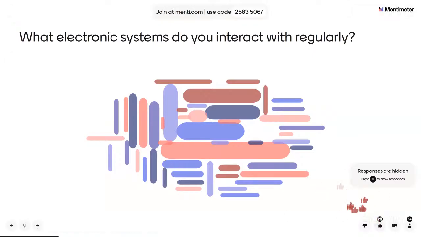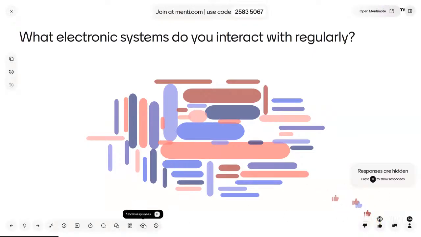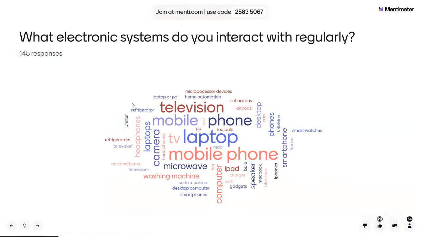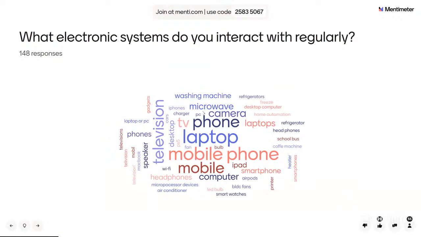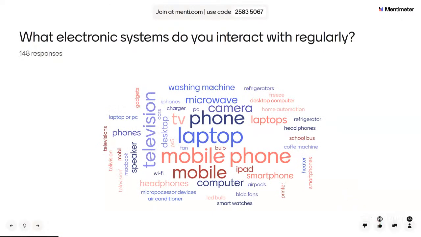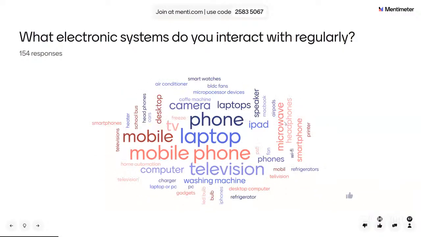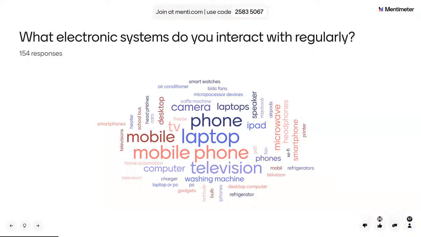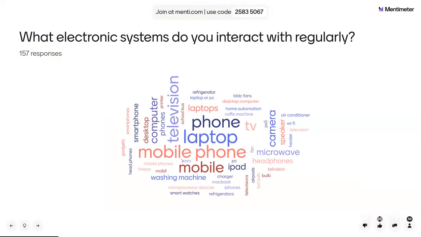Okay. If I see the responses, basically television, laptop, refrigerator. The refrigerator is not exactly an electronic system. The controlling unit of the refrigerator is the electronic system. Similarly, the controlling system of the washing machine is the electronic system. iPhone, chargers, yes, cars. Nowadays, cars are enabled with sensors, so that is again part of the electronic systems. Coffee machine, okay. School buses. Yes, you can say electric school buses.